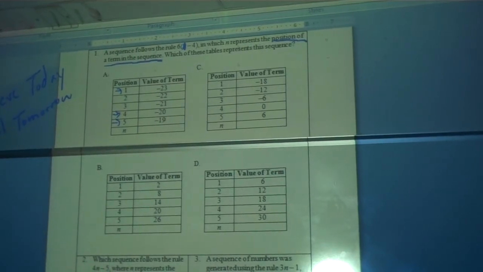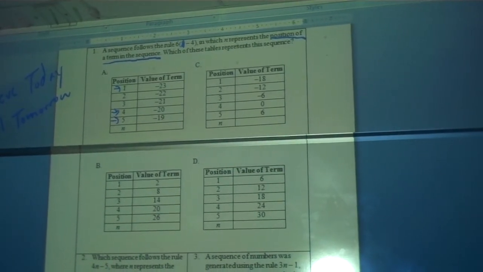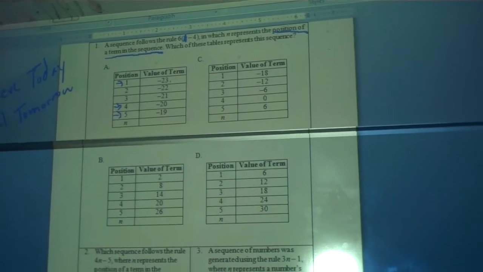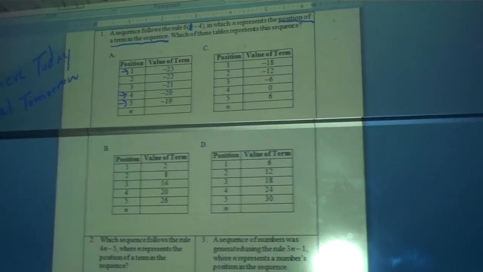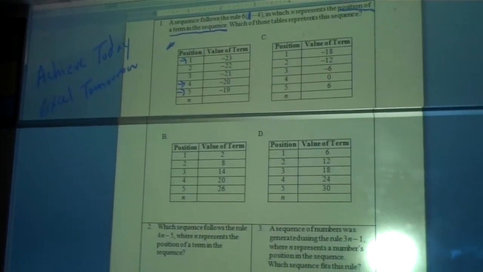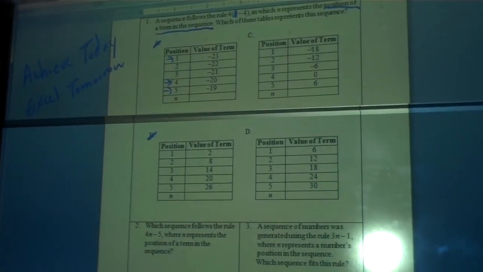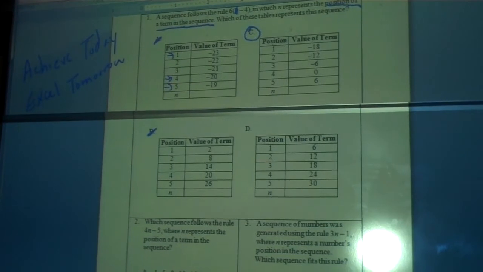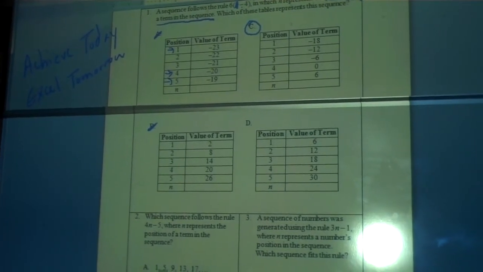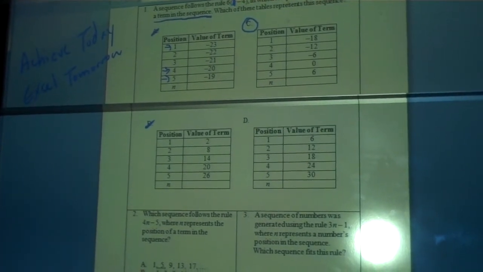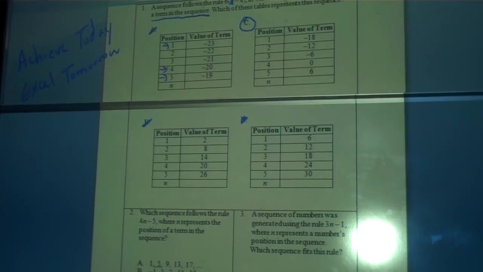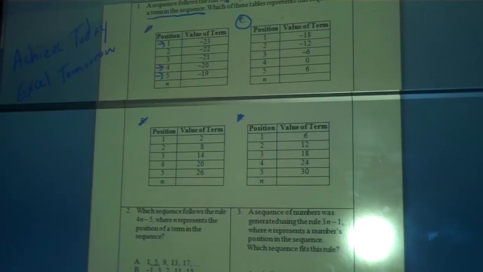Negative 3 times 6 is negative 18. So in position 1, my value should be negative 18. Not here. In position 1, value should be 18. Position 1, value should be negative 18. This is the sequence that goes with this rule. See, position 1 is not negative 18. So this is the sequence that would go with this rule.